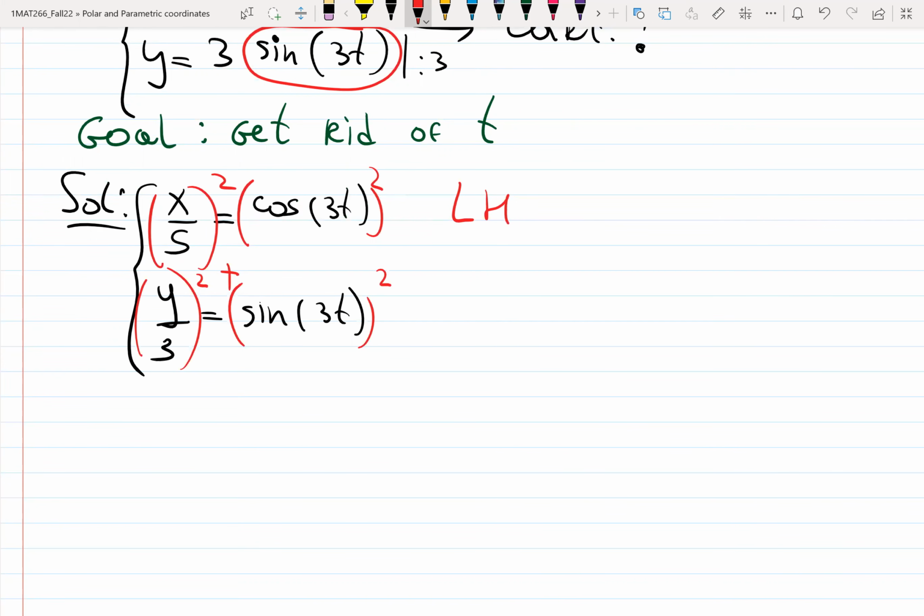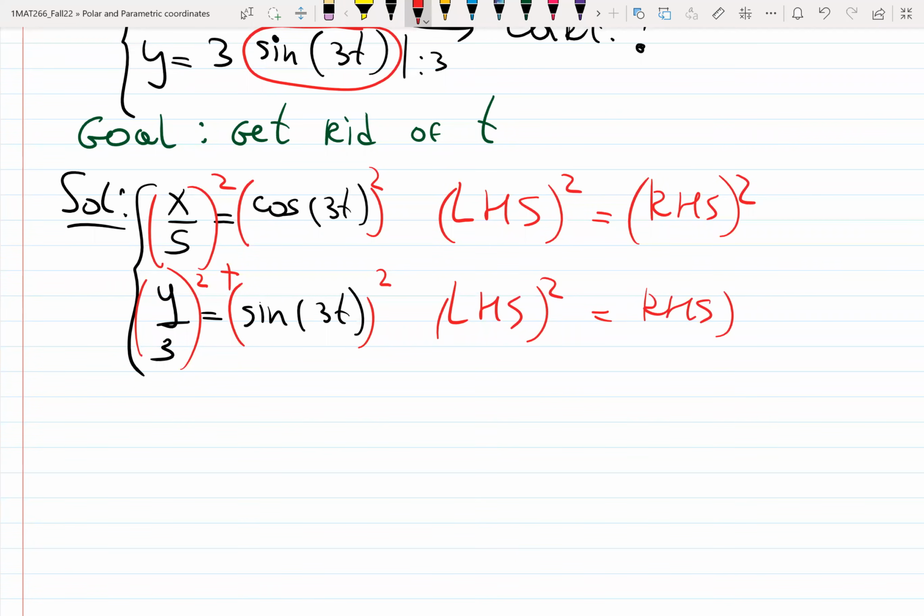Left-hand sides are squared and right-hand sides are squared, and I'm adding them.